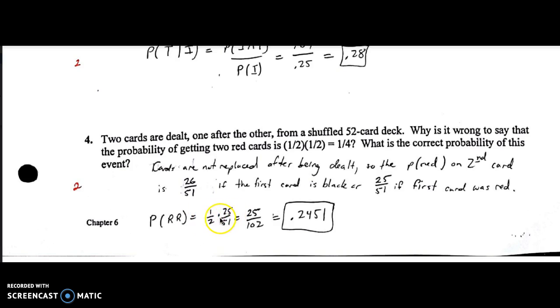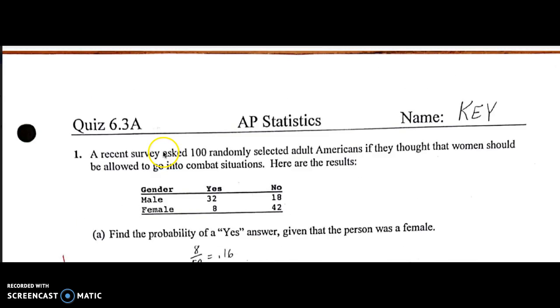You multiply these two things together, you get 25 over 102, which is 0.2451. So this is wrong because they are not replacing cards. If they were replacing cards, this proportion would be correct. This one was worth 2 points. So the total on quiz 6.3 is out of 8 points.